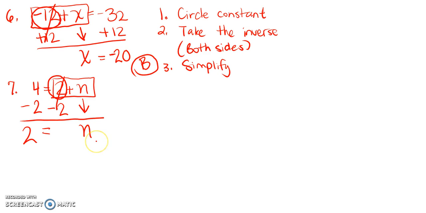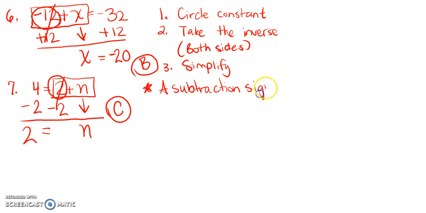Now, one question I get a lot in class is: is this a subtraction sign or a negative sign? Please make sure you get this. When you subtract, it is negative. Before I forget, number 7 is C. A subtraction sign is a negative sign. It's the same thing.